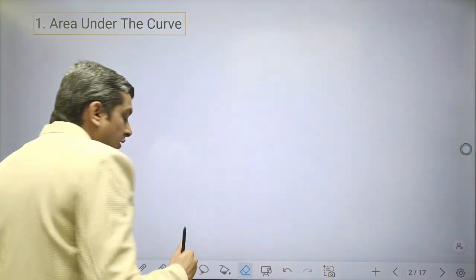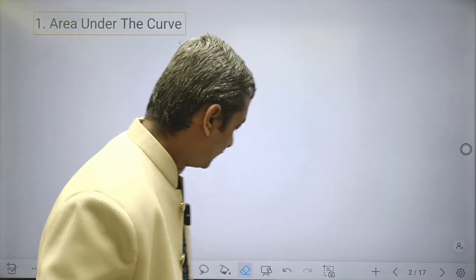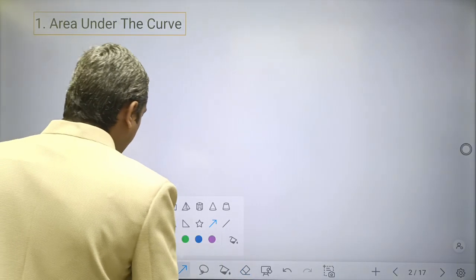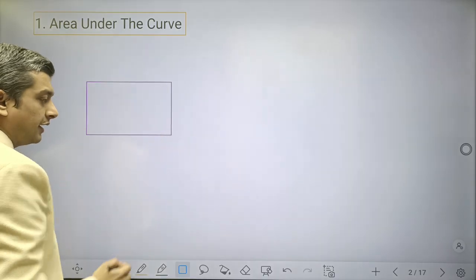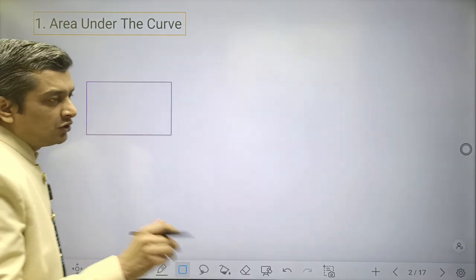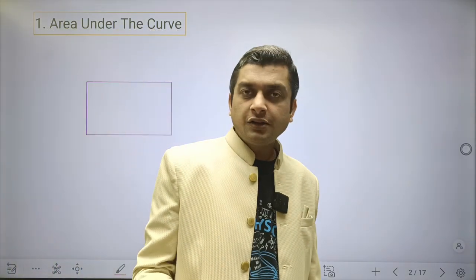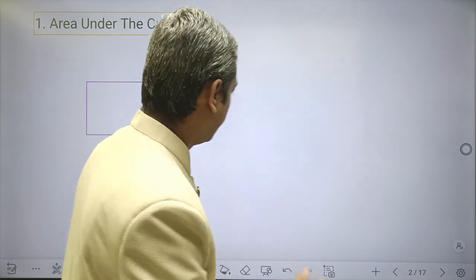The very first thing we have to understand is, why do we need integration? Let us understand with some examples. Suppose I draw a rectangle and I ask you to find its area. You can easily find its area using the standard formula, length into width.